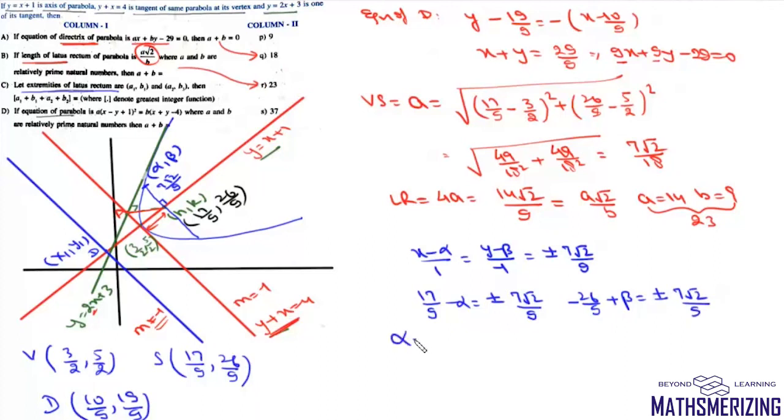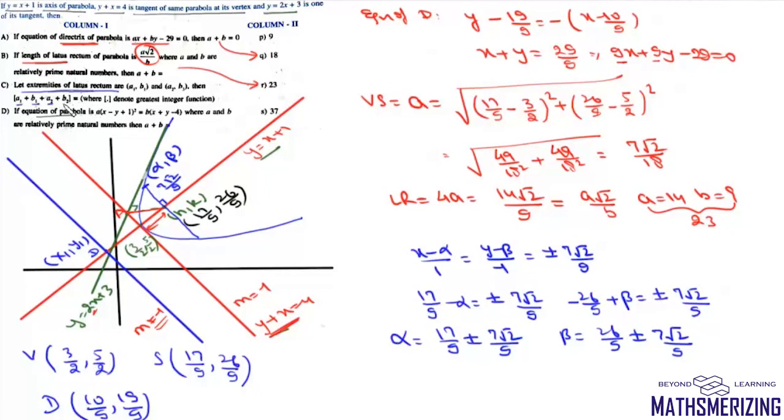So here alpha is 17/9 plus minus 7 root 2 by 9 and beta is 26/9 plus minus 7 root 2 by 9.